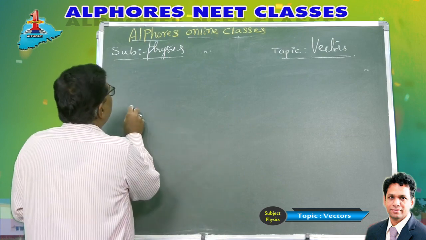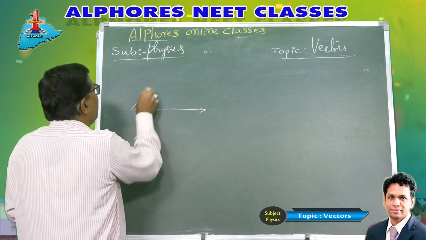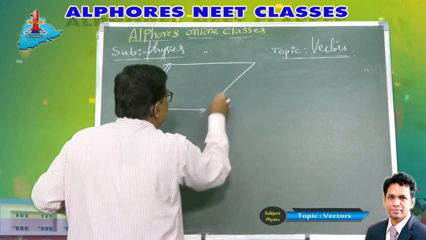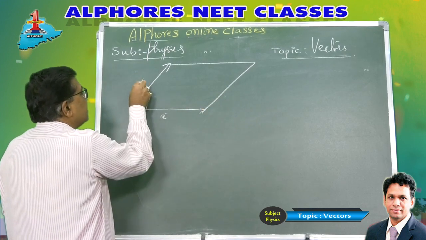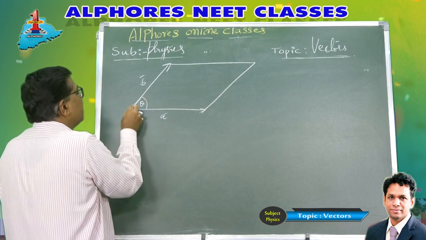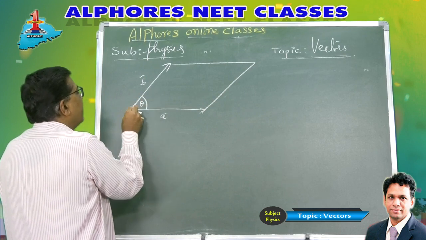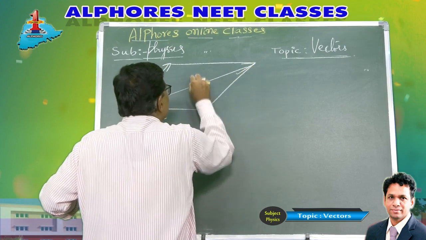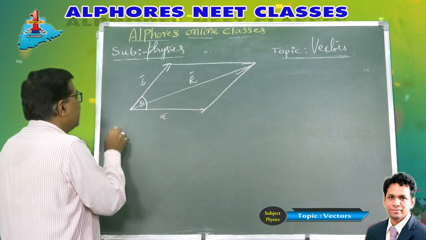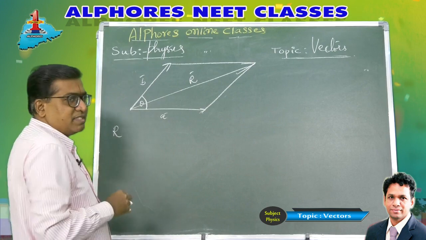So, if two vectors A bar and B bar are represented as two adjacent sides of a parallelogram acting at a point, like this at theta, then the diagonal passing through the point of intersection of the vectors represents the resultant.